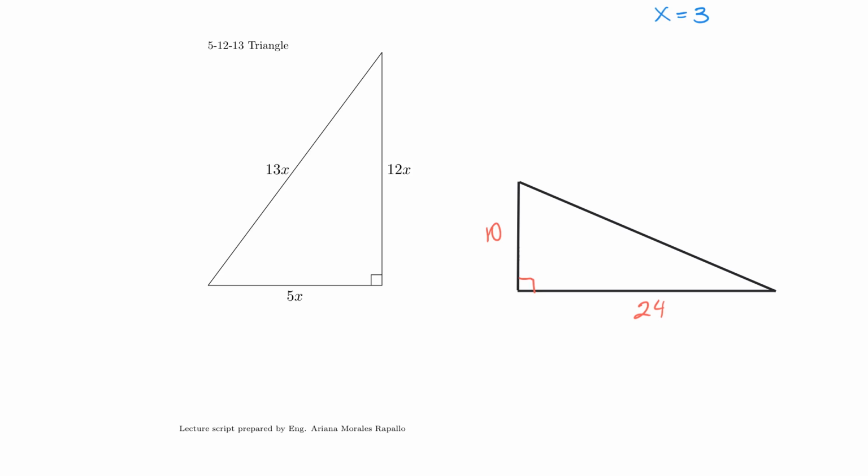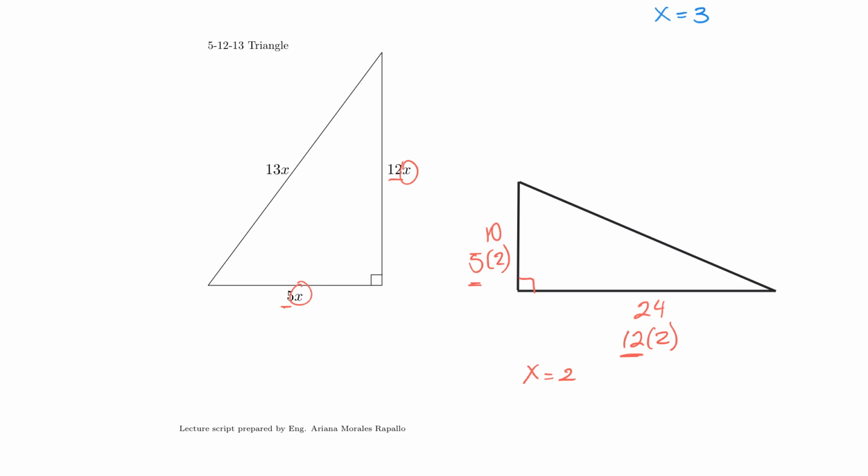Because we know that 24 can be simplified as 12 times 2, and 10 can be simplified as 5 times 2. And if you notice here, we have the 12 and we have the 5 as the same as here, and x is equal to 2. This x and this x for this example are equal to 2.